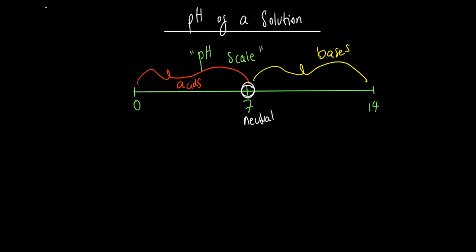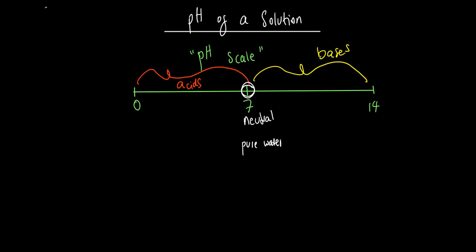An example of a neutral substance is water. Well, is water really neutral? No, it's not, but we usually just take it as neutral. We're talking about pure water. Pure water is neutral, whereby it's not acidic and at the same time it's not basic.